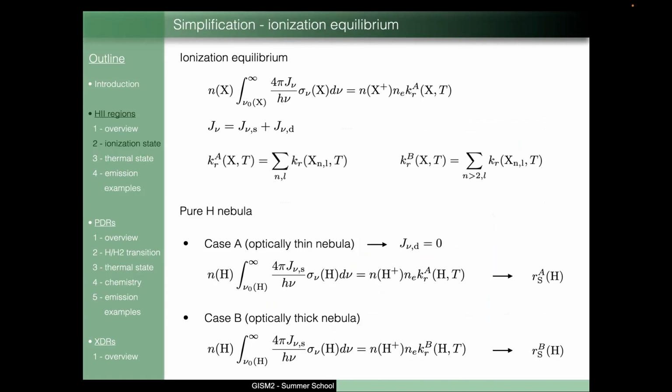The ionization rate depends on G nu, which is the average intensity over all directions, which has two contributions: the intensity coming from the star and the intensity coming from the gas itself, from the H II region. And on the right, the recombination rate is simply the sum over all the levels of the species of the recombination toward one level. So in practice, in H II regions, since we have non-local coupling, this equation should be solved iteratively.